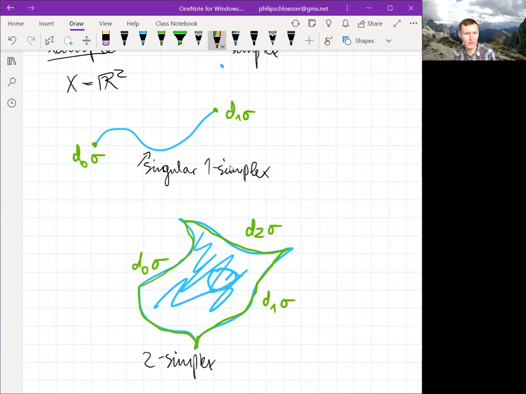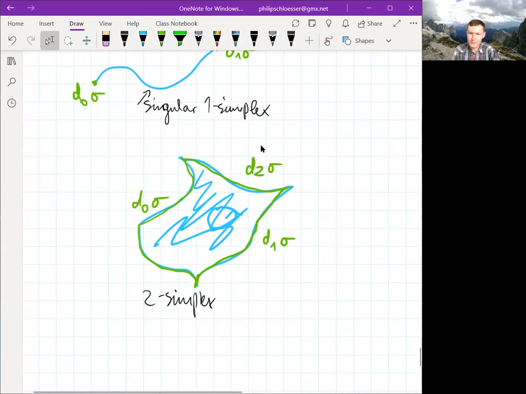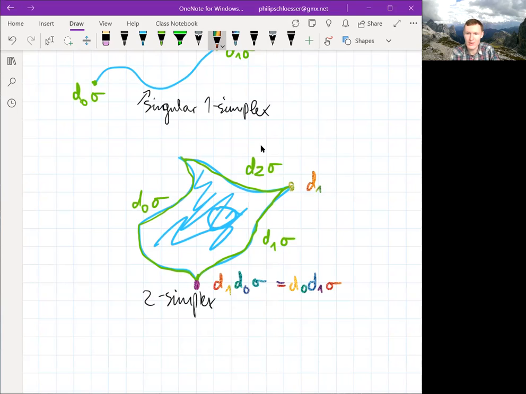And now we can also look at the faces of the faces. And this is going to be interesting because we have d1 of d0 of sigma, or d0 of d1 of sigma. Then this thing is d1 of d1 of sigma, or equivalently d1 of d2 of sigma.